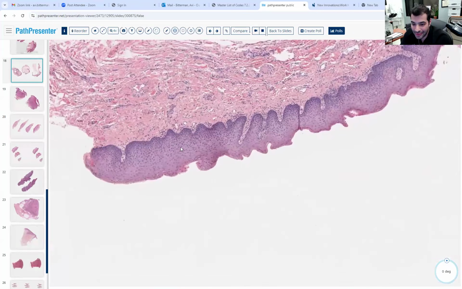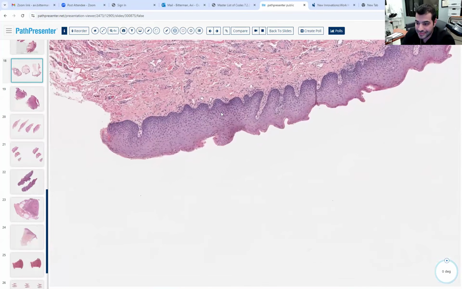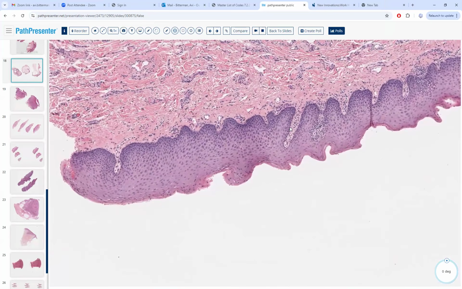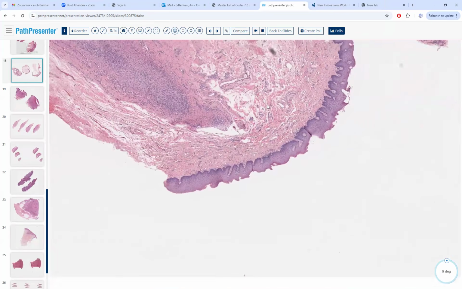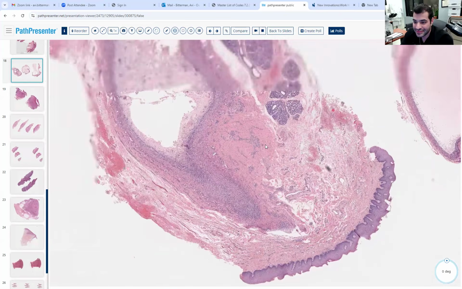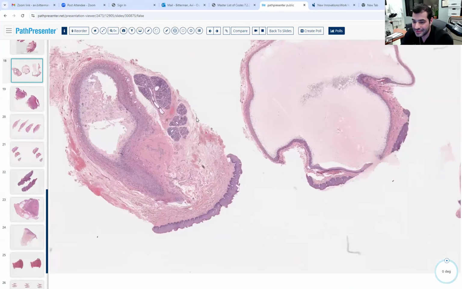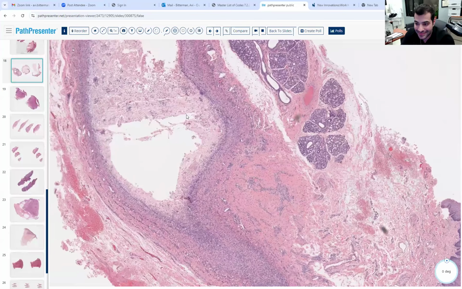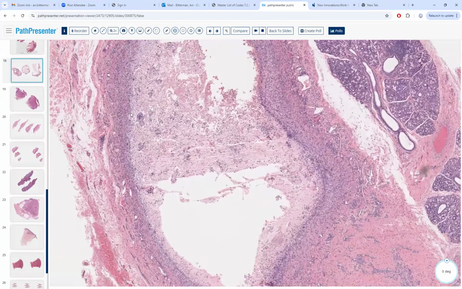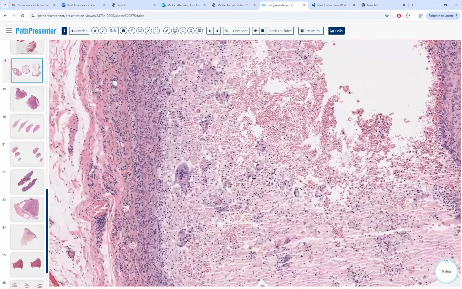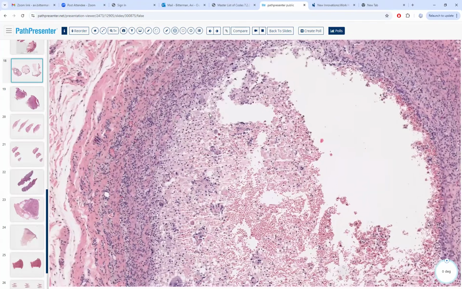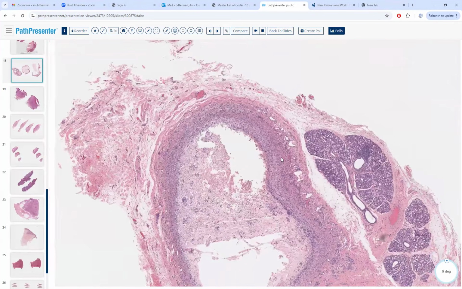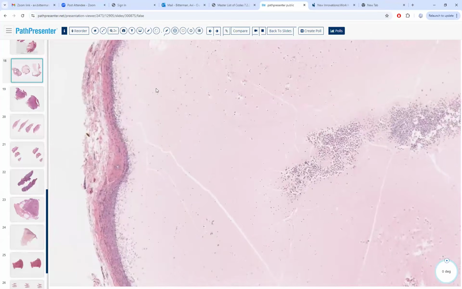All right. First of all, where are we? Mucosa. Okay, very good. Second of all, what happened? Oh my god, it's so huge. Is this a cyst? Okay.